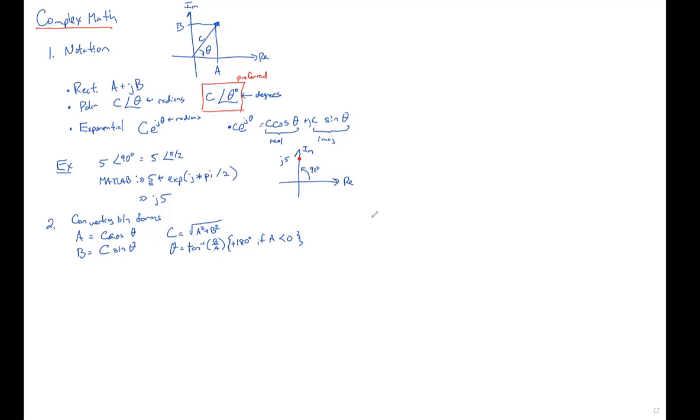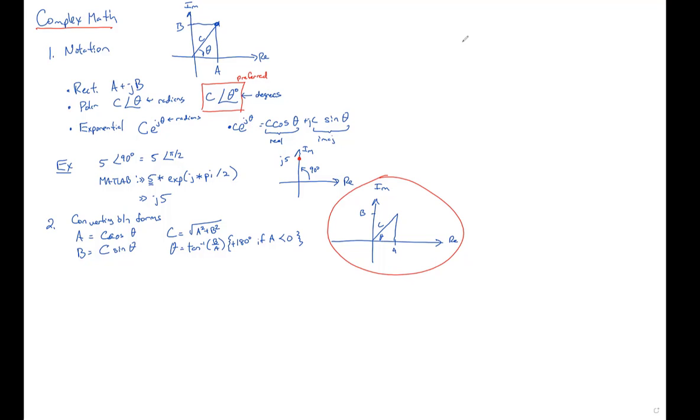And the simplest thing to remember here is not remembering all these details, but just do the trig. Here's the real part. Here's the imaginary part. The real part is A. Imaginary part is B. And there's your conversion formula. It's right there. So this is the picture you want to remember. And then high school trig will bring you back to step 2.